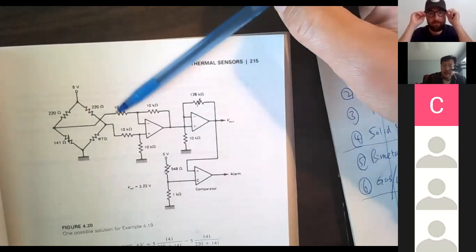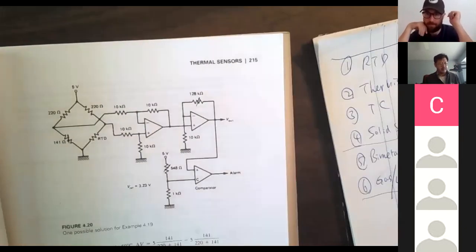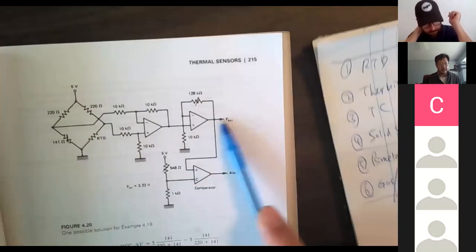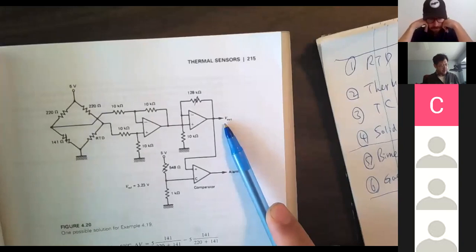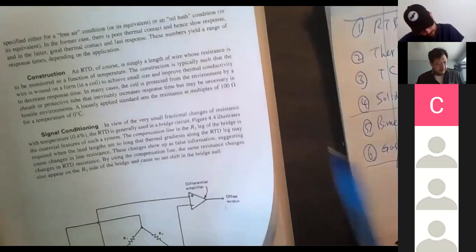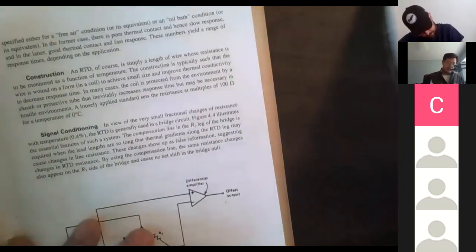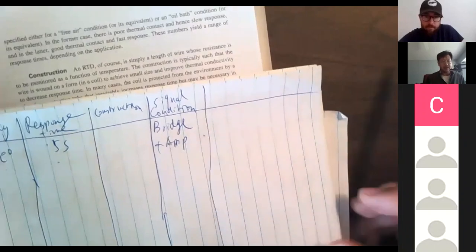The computer will do it for you perfectly, not a problem. That will be your sensor, that will be your bridge, and the output will be whatever is required, 0 to 5 or 0 to 10. So that's our next subject, signal conditioning. We need a bridge plus amplifiers.